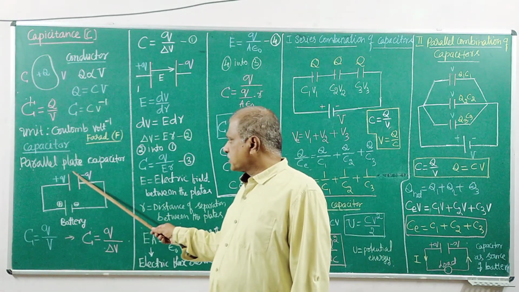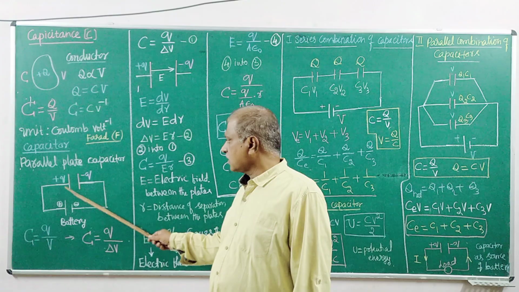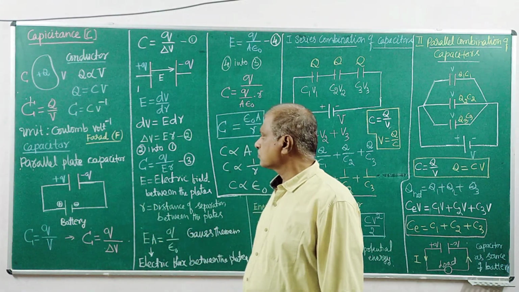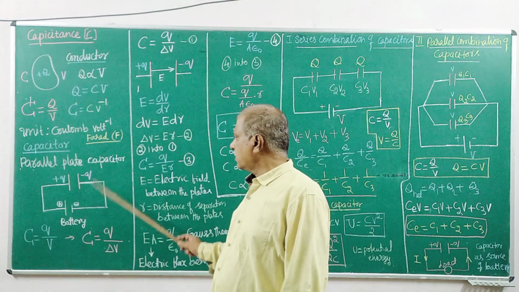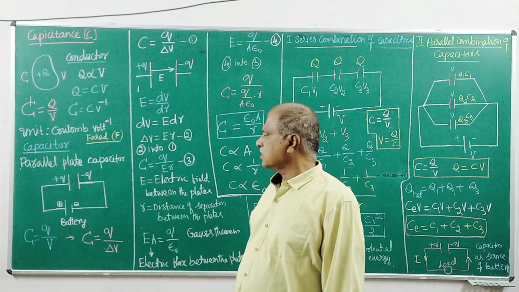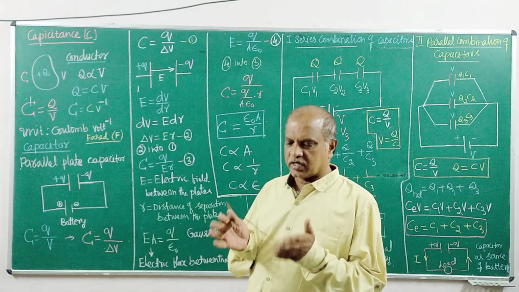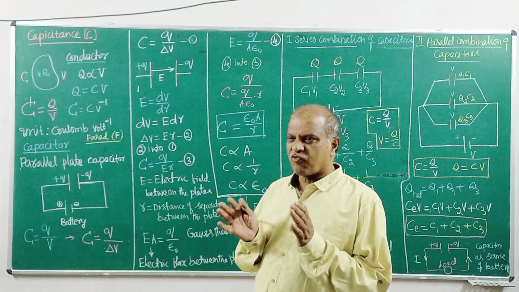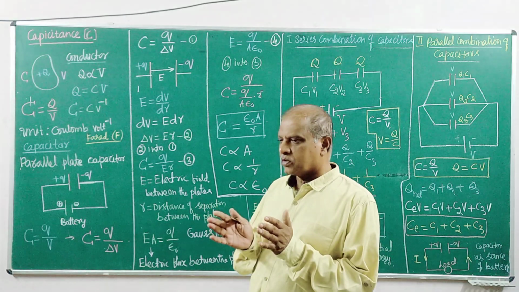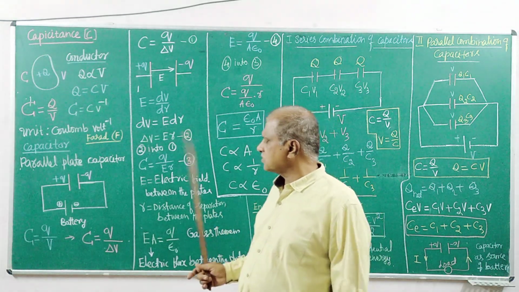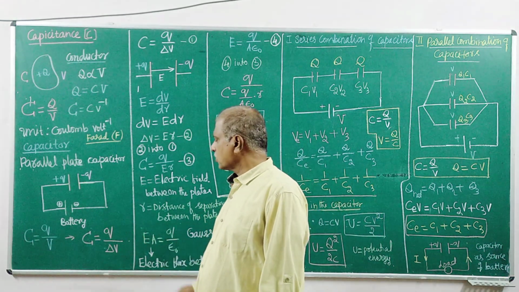So parallel plates, it is known as a capacitor. Capacitor means two conductors are arranged in a parallel fashion with a certain distance of separation in between them.